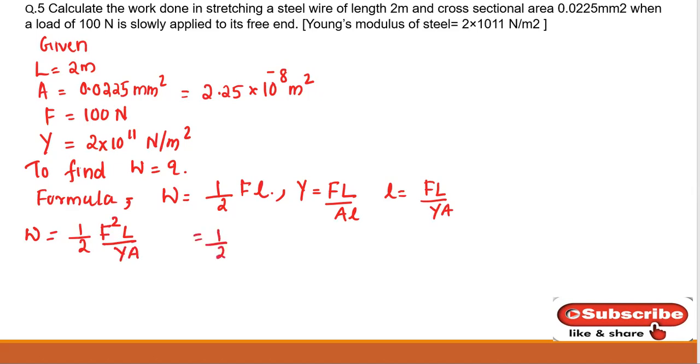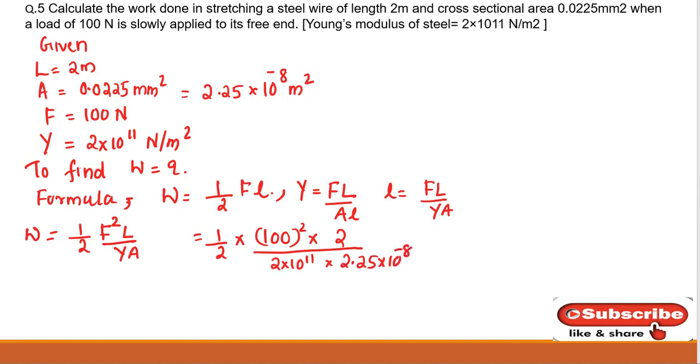That is half into F is 100 square into L is 2 upon Y, Y is 2 into 10 raised to 11 into A is 2.25 into 10 raised to minus 8.